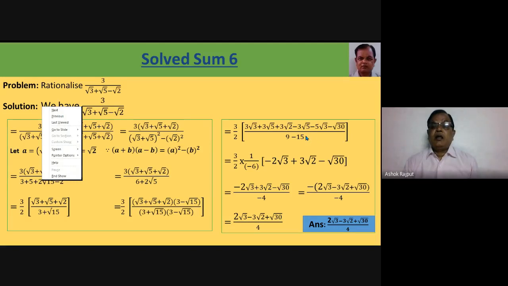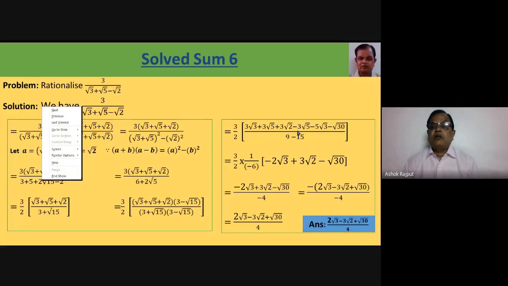As we are seeing here, it is plus 3 root 5 and minus 3 root 5, so it will be cancelled. After that, other terms we will write here. Here we are seeing the difference of 9 and 15 is minus 6. So we have written it in the denominator, and here we have written the difference of 5 root 3 and 3 root 3.